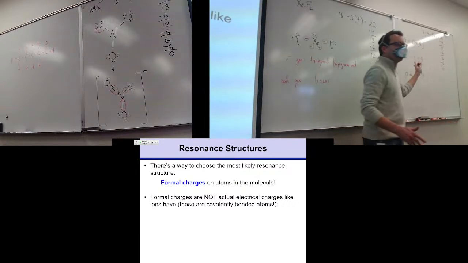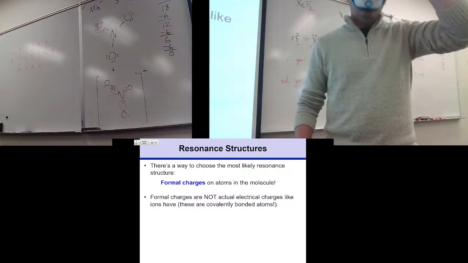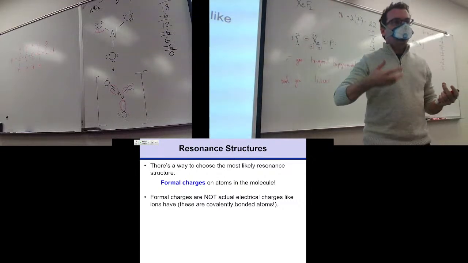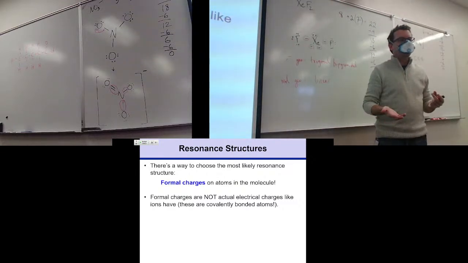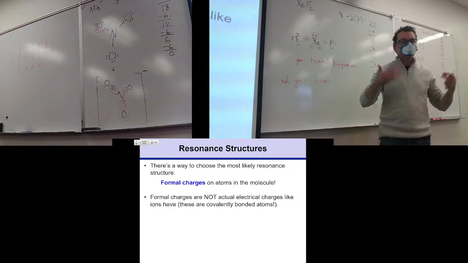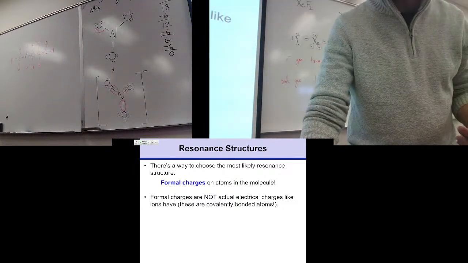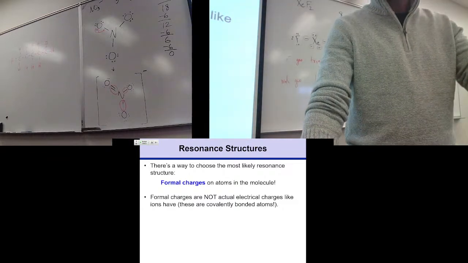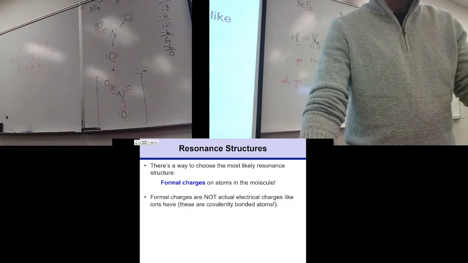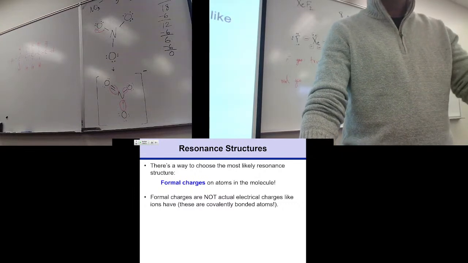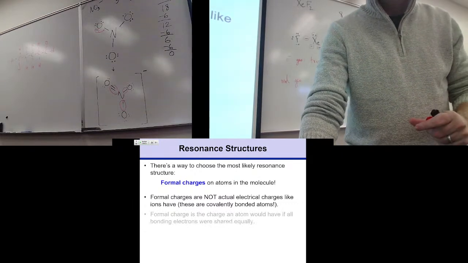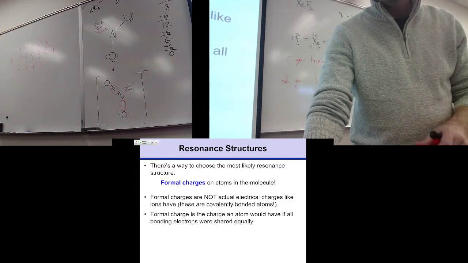So 9 different formal charges here. These are not charges like charges on an ion. They're a tool, something chemists make up in order to understand what's happening with electrons, kind of like core charge. It's not a real thing, but it's a good way to understand what's happening.